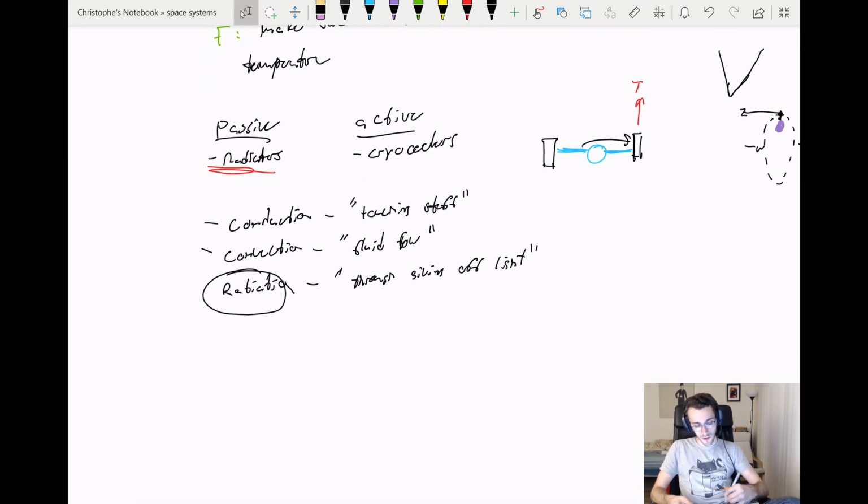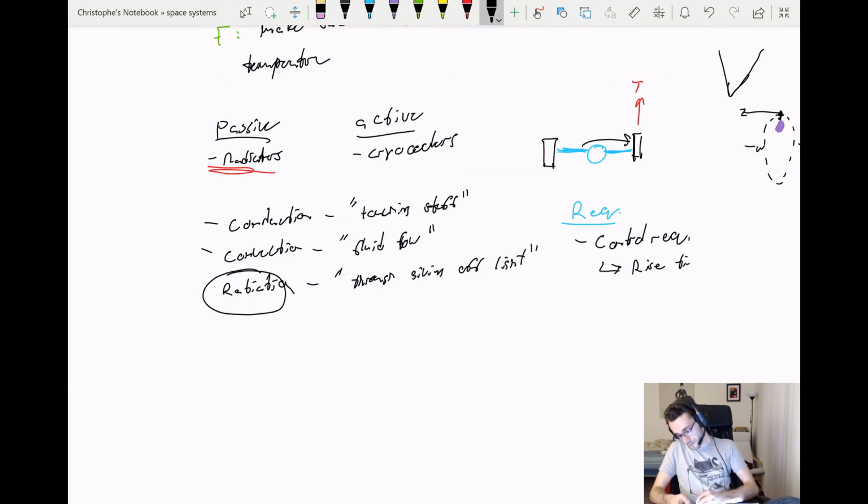As for requirements, the requirements you might see on thermal control systems are fairly standard. You've got your regular control requirements if it's an active control system, so things like rise time, overshoot, steady state error, and all sorts of requirements associated with the design of the control system you're working with.